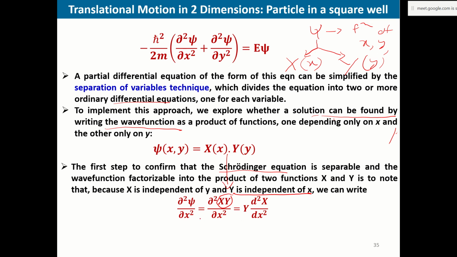When the differentiation is with respect to x, Y is unaffected, so Y is taken out, and d2X by dx square we can write as a complete derivative. Similarly, when differentiating with respect to y, X remains unaffected and is taken out, and d2Y by dy square is a complete derivative. Which was a partial derivative, we are now converting in this way.